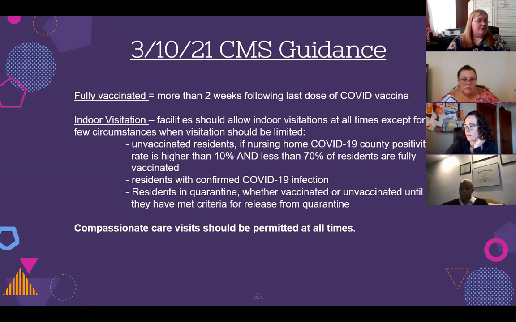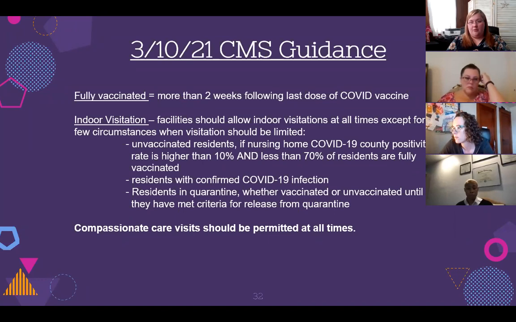If a resident is confirmed COVID-19 infected, and residents in quarantine, whether vaccinated or unvaccinated, until they have met the criteria to be released from quarantine. And one of the ones that they put in here, compassionate care visits should be permitted at all times. So that's regardless of an outbreak in the facility. That was some really good information that CMS put in that latest review.